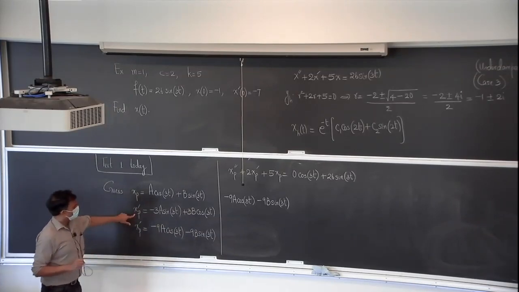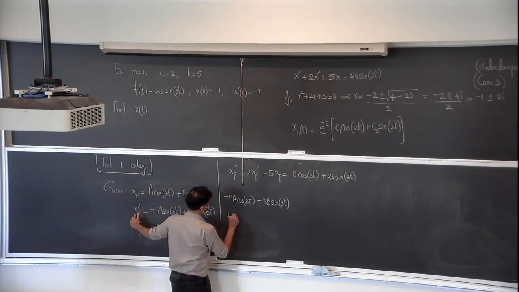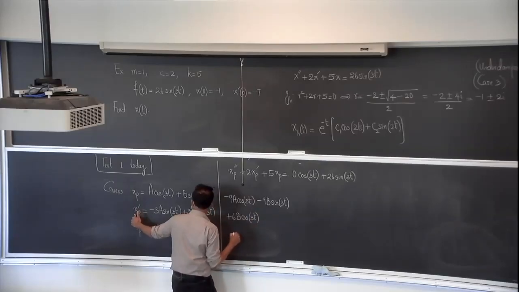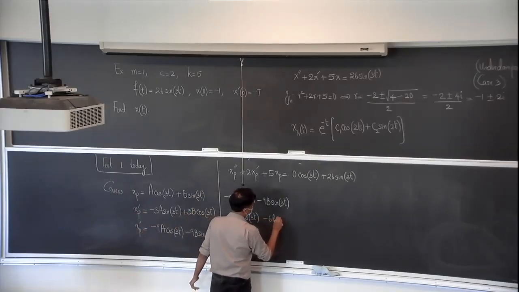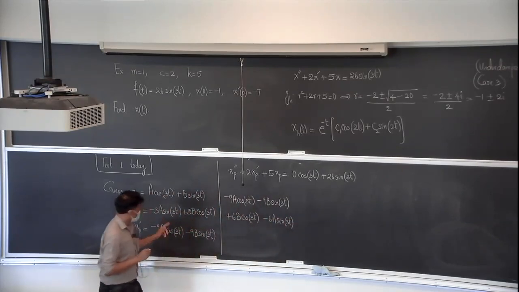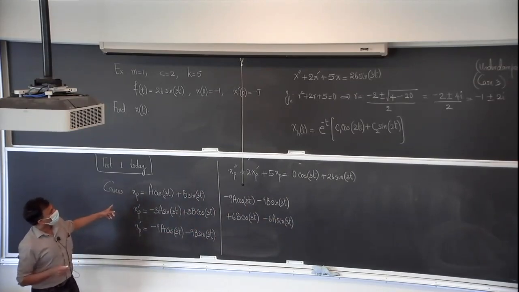Okay, plus 2 x_p prime. I'm just flipping those two terms to keep it aligned. It's your choice. And then plus 5 x_p.